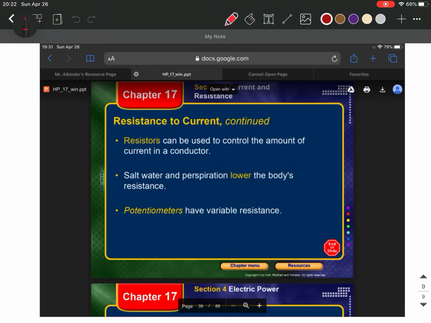And potentiometers, which are devices found inside everyday devices that allow the user to decide or change between different potential differences. To tap off different potential differences, it says here, you have a knob.